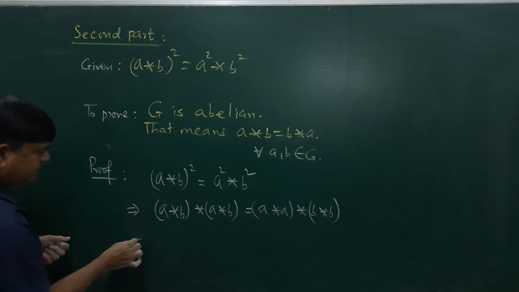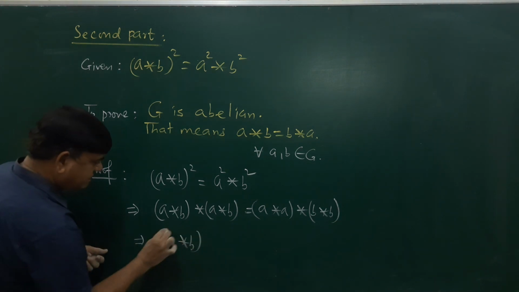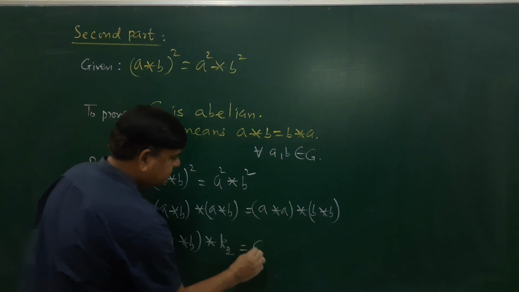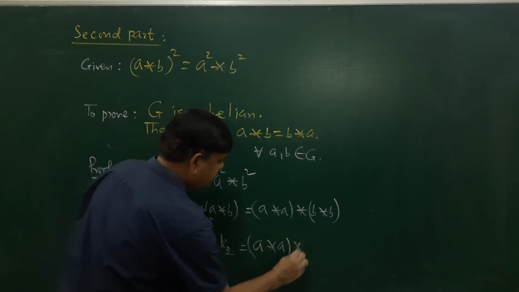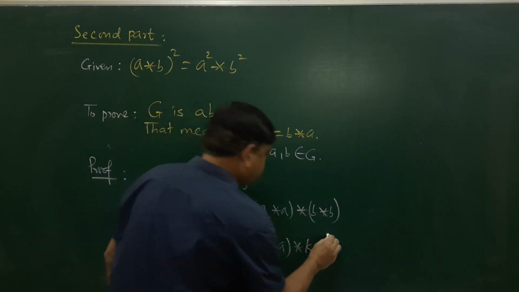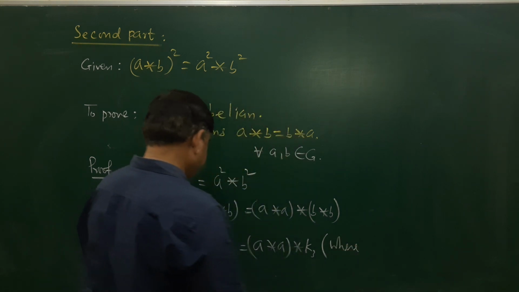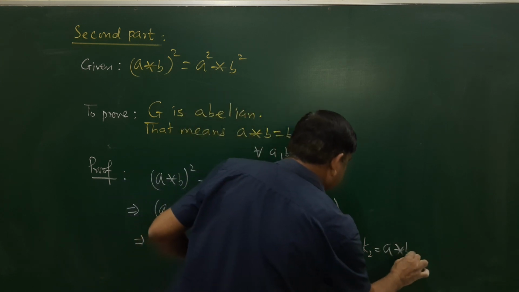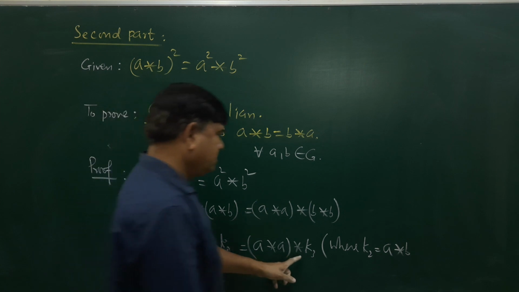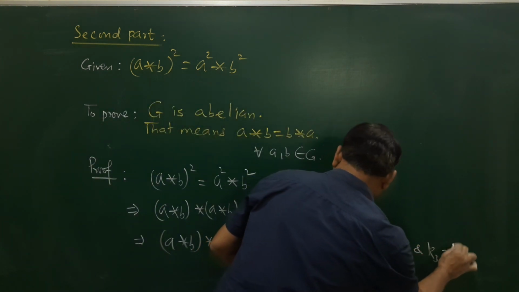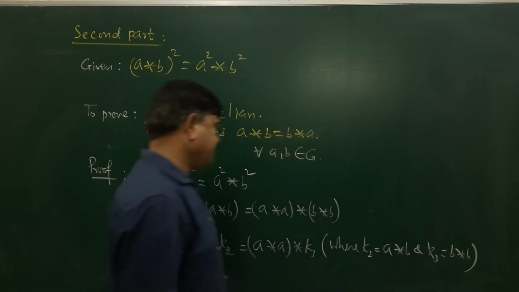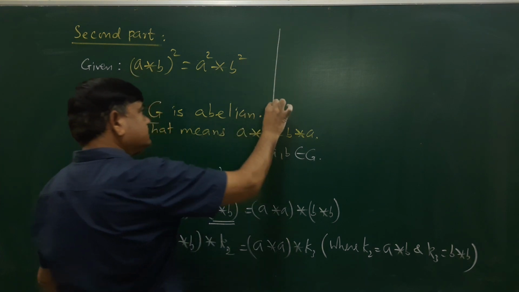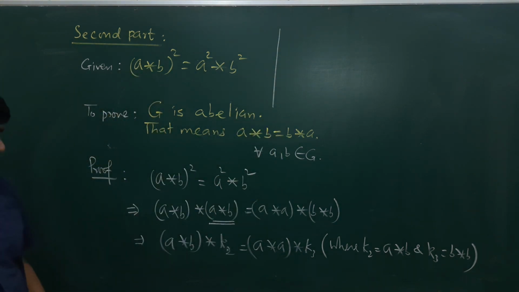Suppose this is K2. This is K3. Where K2 is this one part. I have assumed this part. So we can apply the associative law.